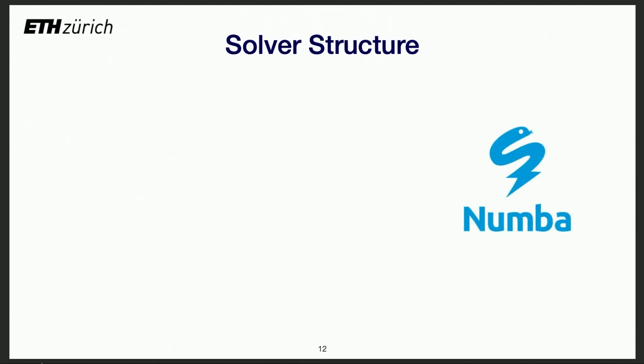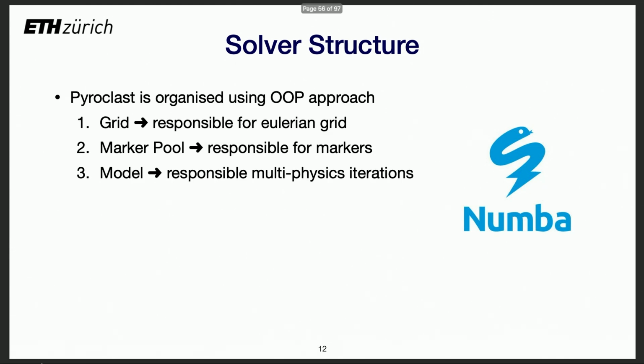Okay, so we've established what the problem is. Now I want to give a bit of an insight on how I decided to structure this solver. I've organized it in a very object-oriented programming approach. So you have 3 main objects that drive the whole simulation. You have a grid that is responsible for, of course, the grid, a marker pool, which is responsible for moving around the markers and all the advection process, and then a model object that is responsible for the multiphysics iterations.